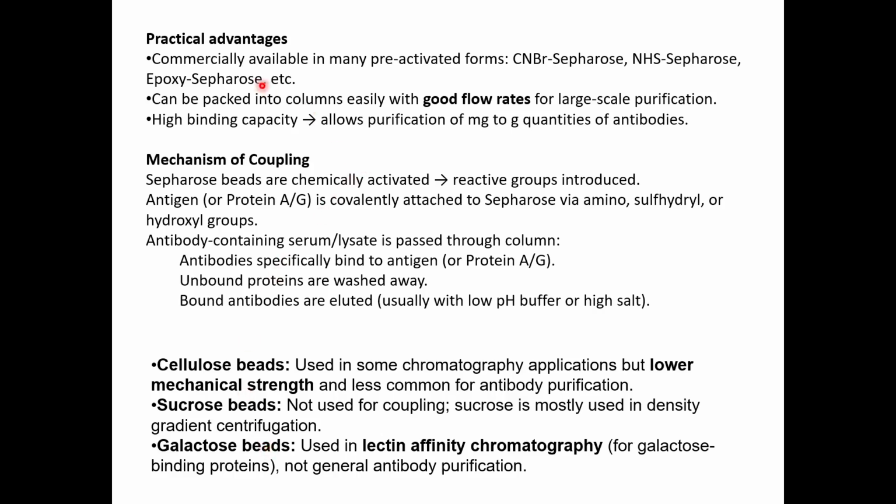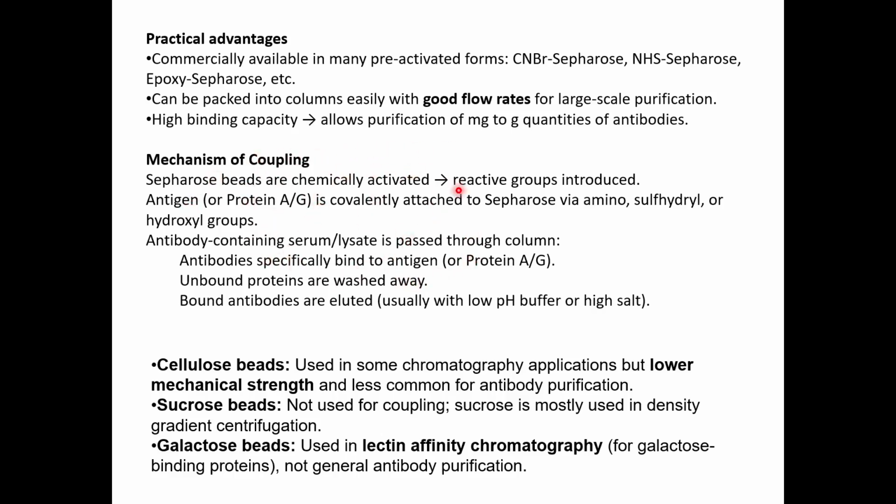These are some advantages: it is commercially available in pre-activated forms like cyanogen bromide Sepharose, NHS Sepharose, epoxy Sepharose, etc. It can be packed into columns easily with good flow rates for large-scale purification. It also has high binding capacity, allowing purification from milligrams to even grams of antibodies.